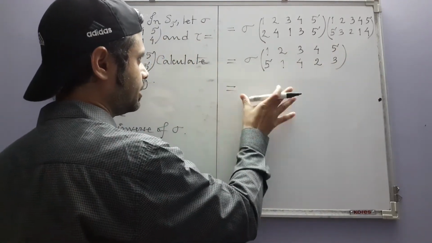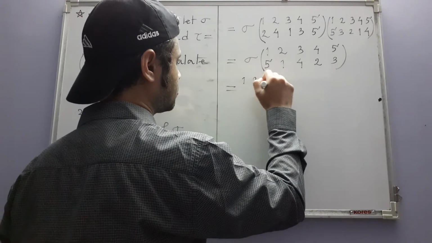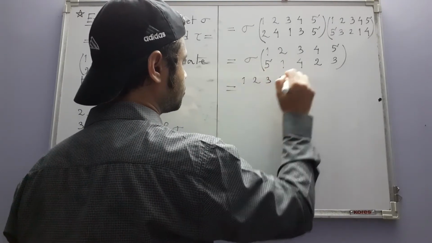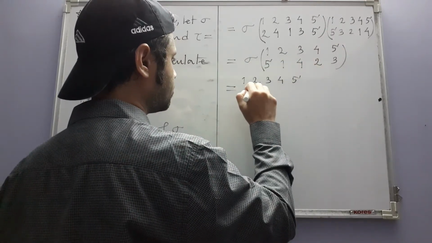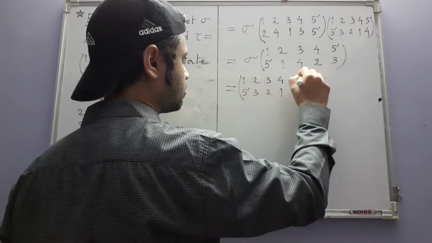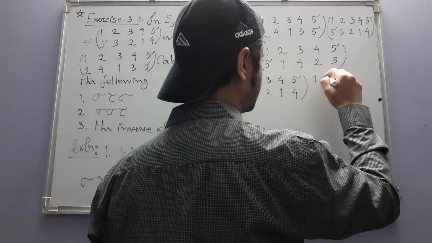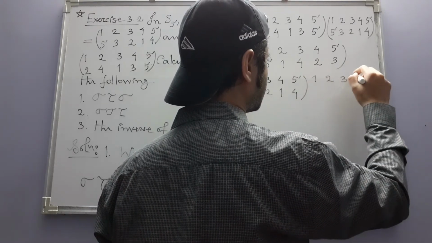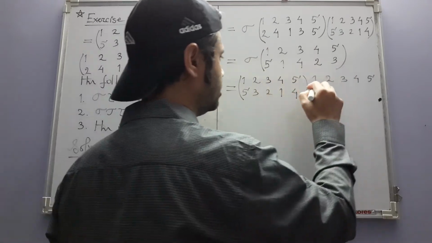And now again here we write sigma. For 5, so it is 5, 3, 2, 1, 4. And this one, when we write to the right of this, 5, 1, 4, 2, 3.